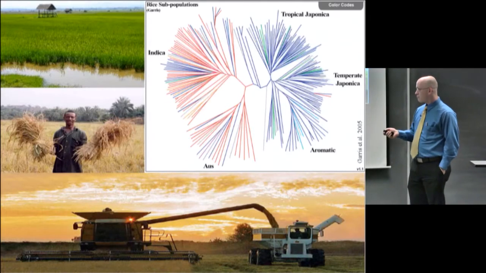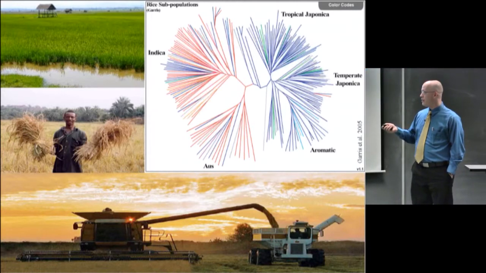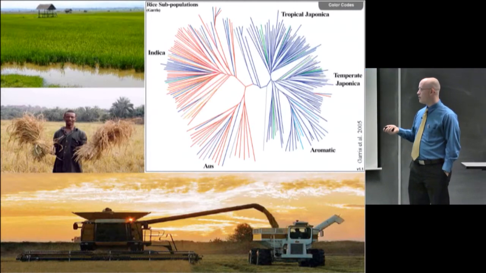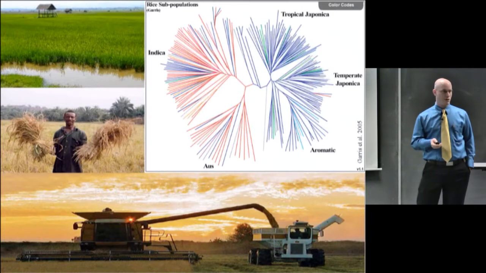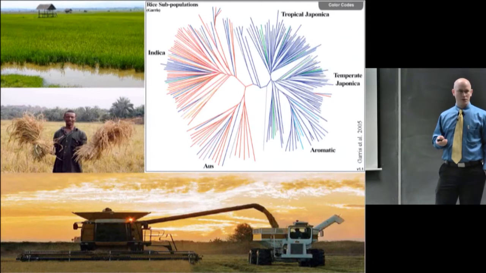This creates genetic subdivision in domesticated rice in such a way that we have the indica clade here, and then we have the japonica clade here in blue, and those are further subdivided into the indica and Aush subpopulations, and then japonica is divided into tropical, temperate, and the aromatic varieties of rice. So that'll be important to remember. If you're not familiar with that, we're going to be referring back to it quite often.